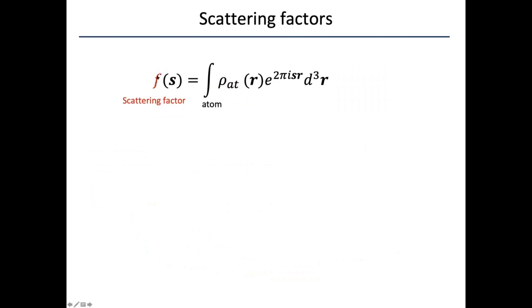The scattering factor, small f, is basically the Fourier transform of an atomic spatial density distribution. So it's in direct analogy to the structure factor, capital F, which is the Fourier transform of the density in the unit cell. So I want to point out here the scattering factor is related to the atomic density. Now here, I'm not saying what kind of density, because that depends on the type of interaction.